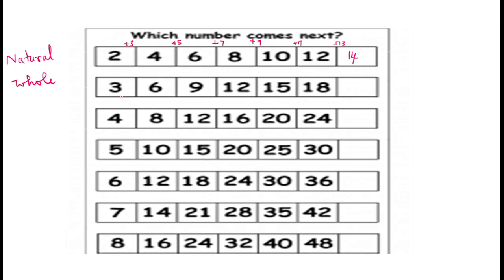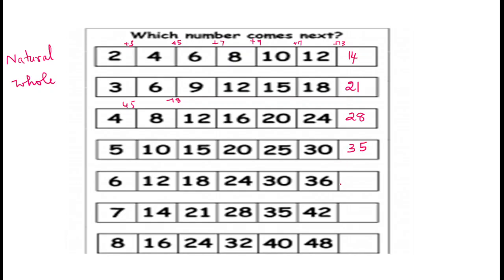In the second row, they have skipped 2 numbers, 4 and 5, and wrote 6. 7 and 8 they have skipped and wrote 9. In the same way, after 18, you skip 19 and 20 and write 21. Like this only. After 24, what number comes next? 28 comes. Here 5 is added, so 35 after 30.